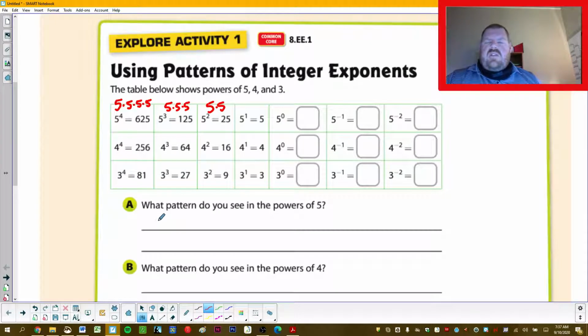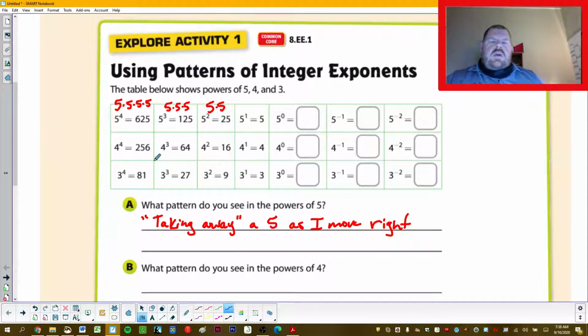I would say the pattern that I see is I'm "taking away," I'm going to put that in quotations, a 5 as I move right. And we'll talk about what I mean by that taking away in just a second.